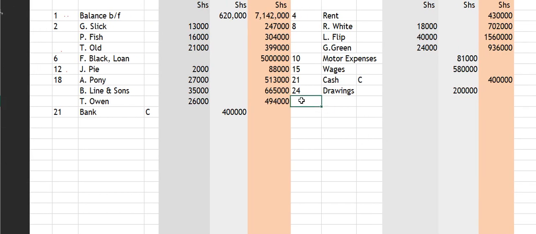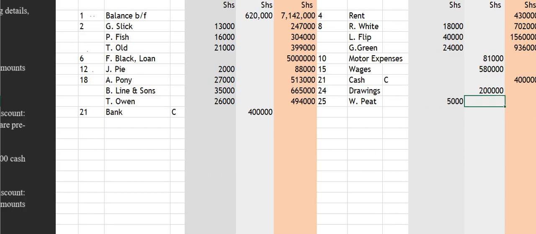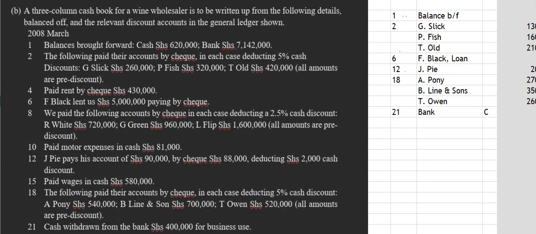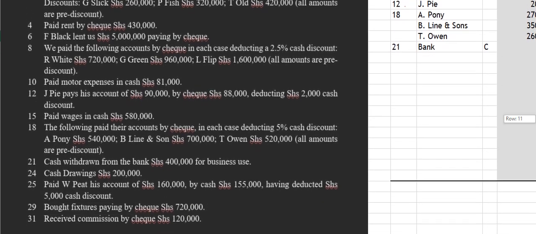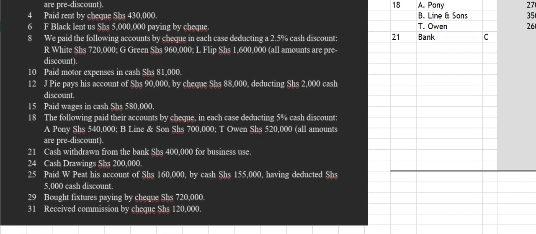So this is on 25th. WPT. There is a discount received of 5,000, and the cash payment made was 155,000. Bought fixtures, paying by check, 720,000.